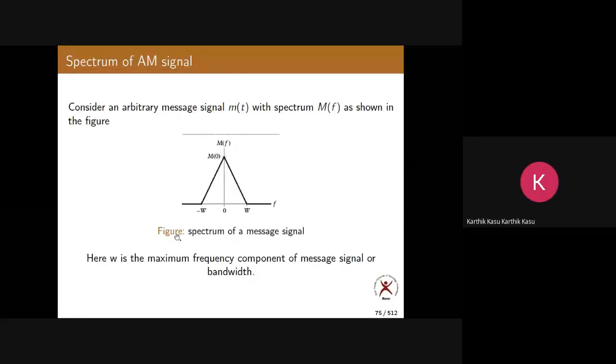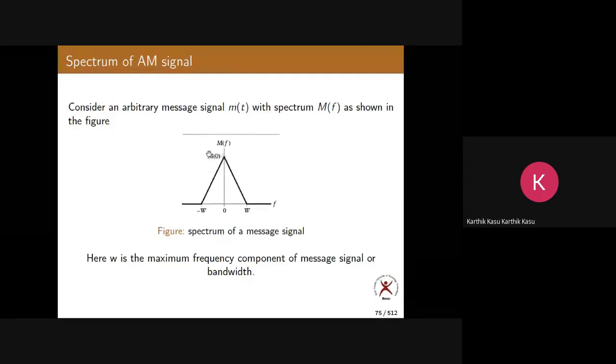So just assume the spectrum like this. Shift it to the right side by FC. What happens? 0 will become FC. Now minus W will shift to FC minus W, and W will shift to FC plus W. Similarly, you can shift this towards the left side by minus FC.